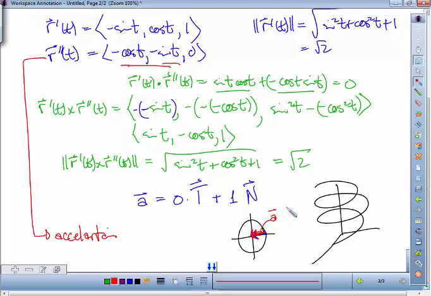This is a view from the top, and a view from the side would be, depending on where you are, pointing inward back to the axis. Now there's no z component in your acceleration, so it doesn't go up or down in z. It just points inward.